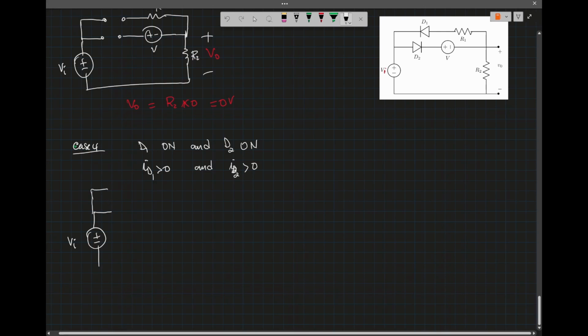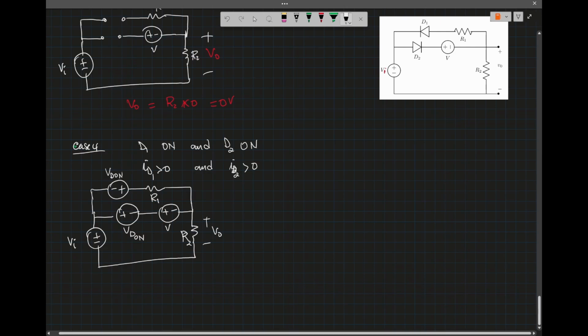So then I have VD on, have R1, so we have VD on, and we have V. Have resistor R2 here, and the voltage here is V0.